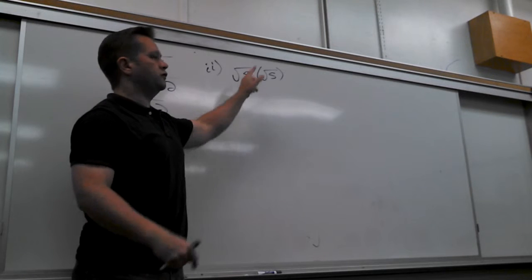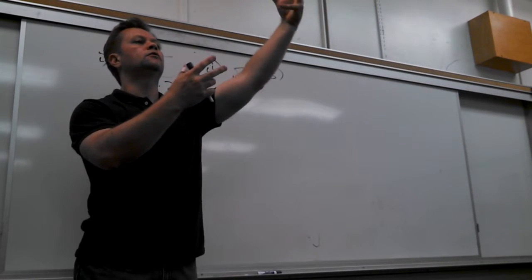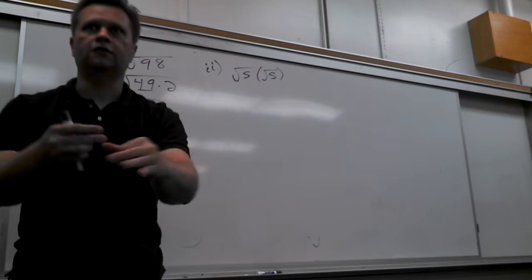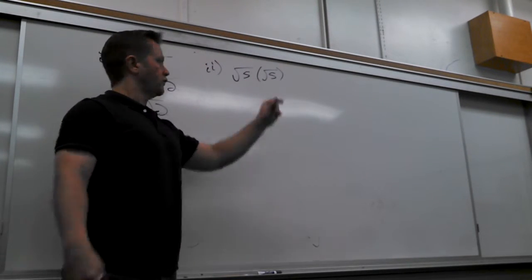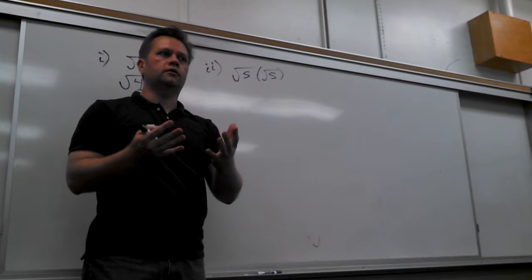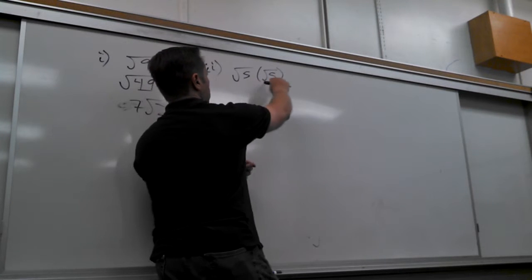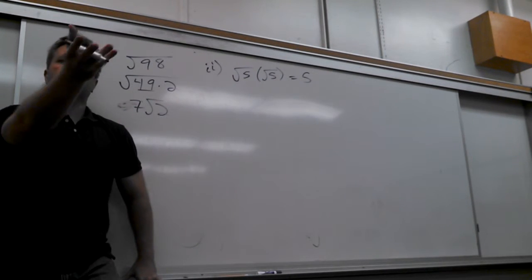But think about it. What does the square root of 5 mean? 5 to the 1 half. So a square root of 5 is half of a 5, multiplicatively. So if you multiply it by another half of 5, you should get a whole 5. So the square root of 5 times the square root of 5 is 5. Bam! It is the square root of 25, but that thing is 5.